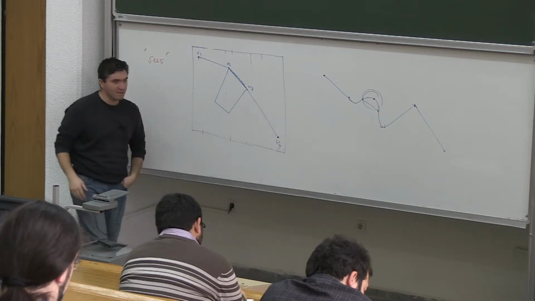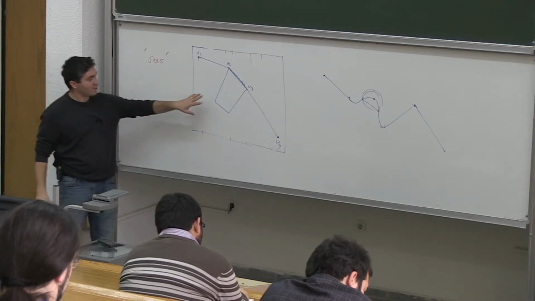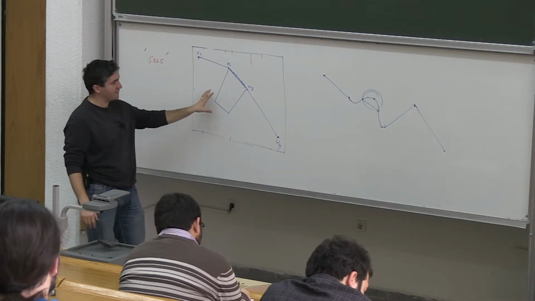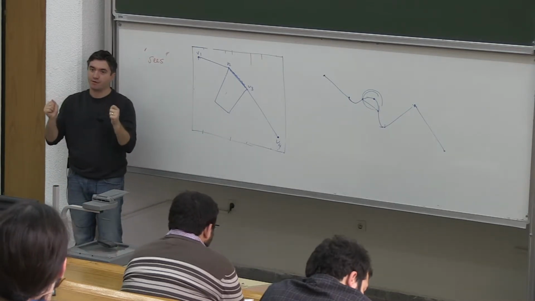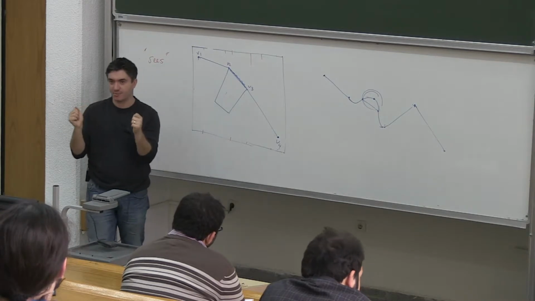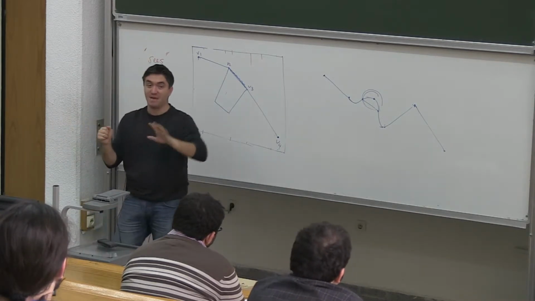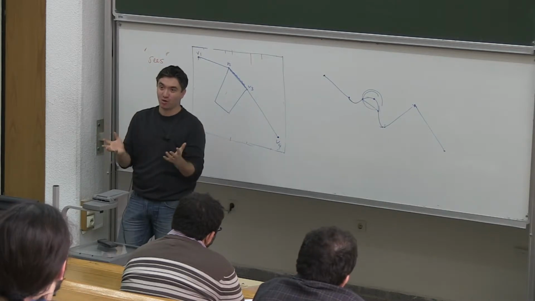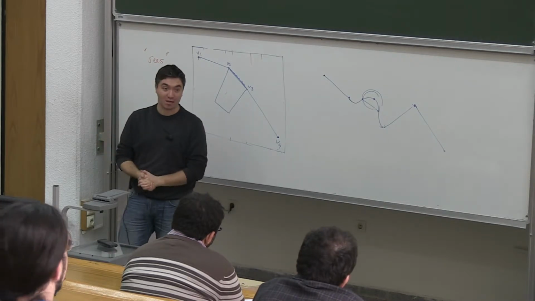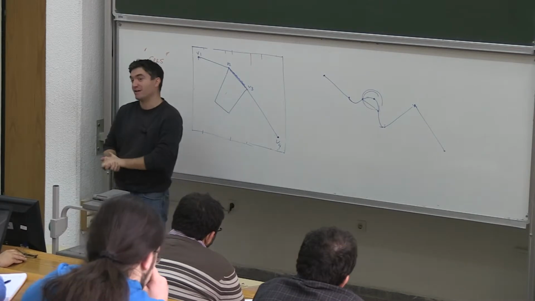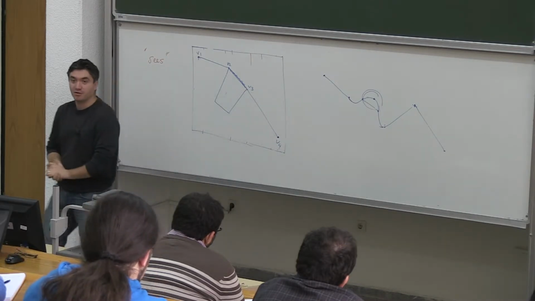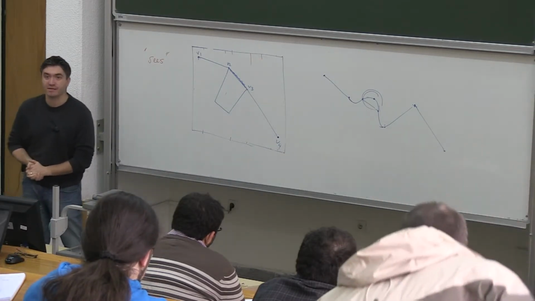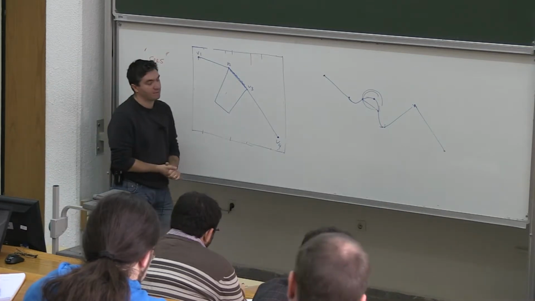So what we are going to have is that for any pair of vertices, there are n square such pairs, and I'm going to check them against n edges. So in total, the running time is going to be n cube. So you can have an n cube algorithm which can give you the visibility graph of a set of vertices.